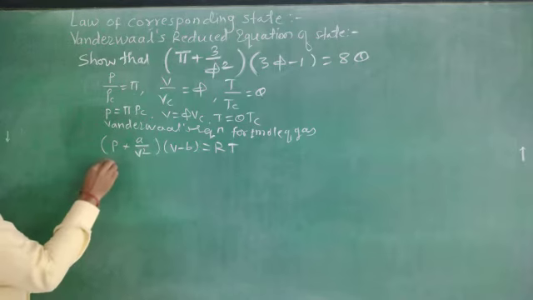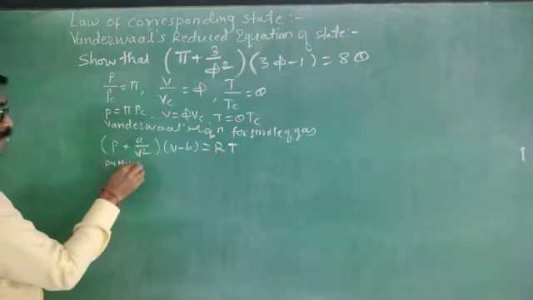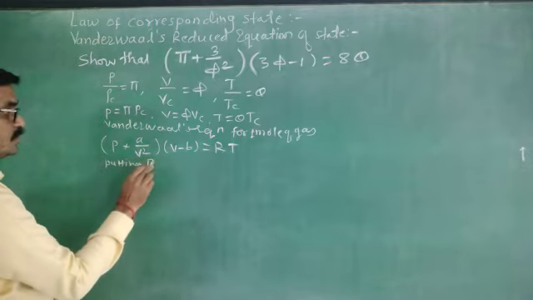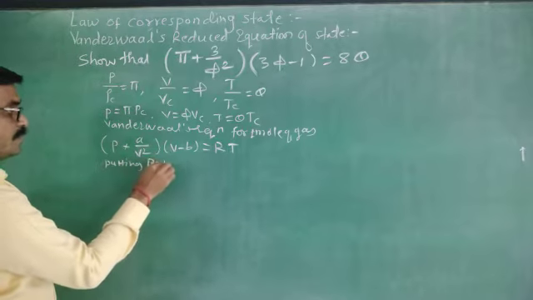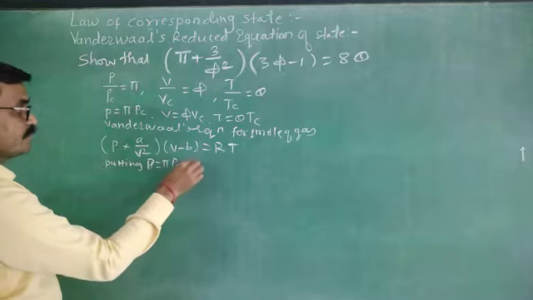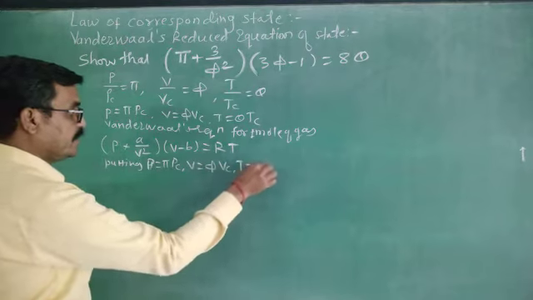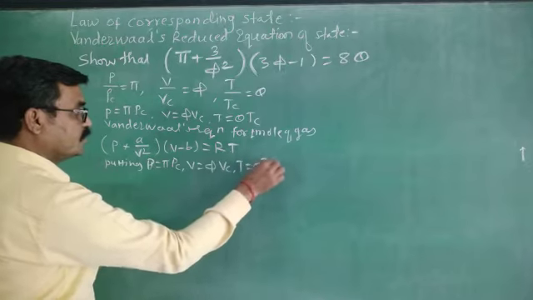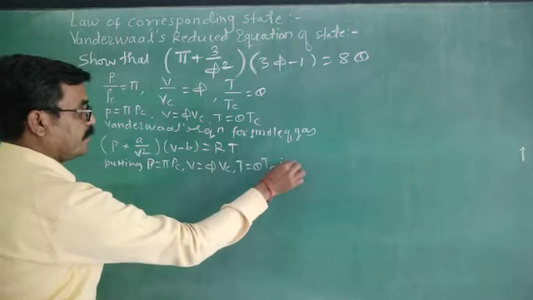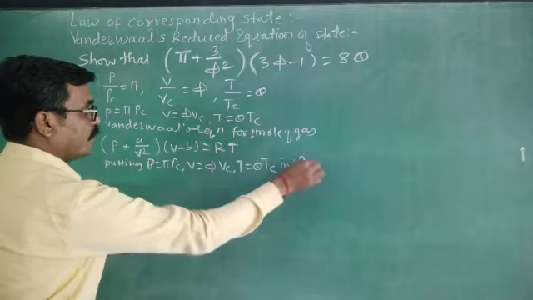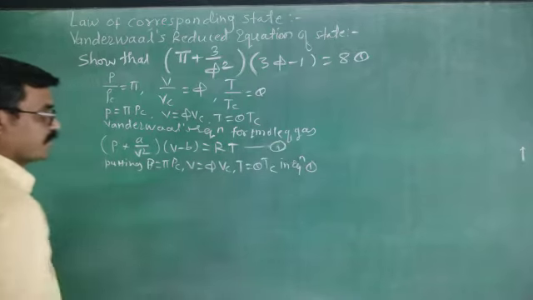What happens? Putting P equals pi Pc, V equals phi Vc, T equals theta Tc in equation 1. Let it be equation 1.